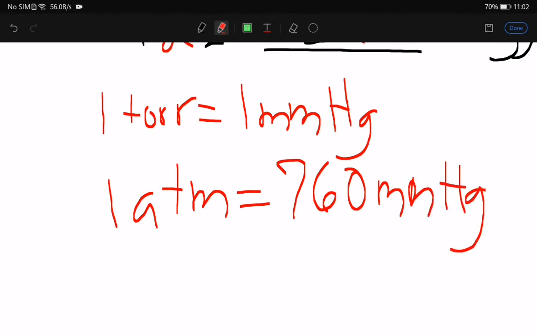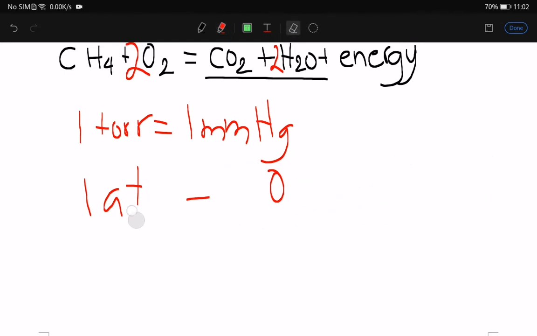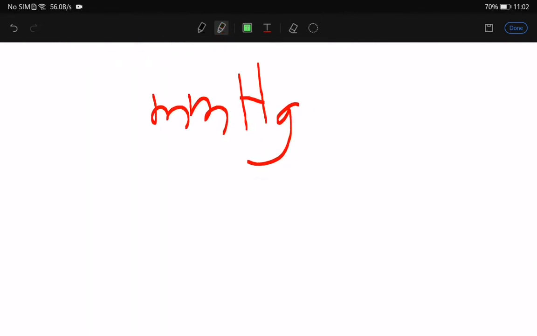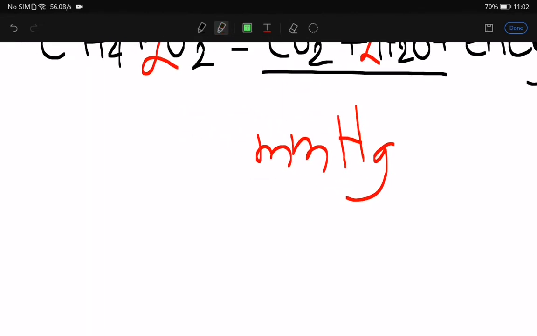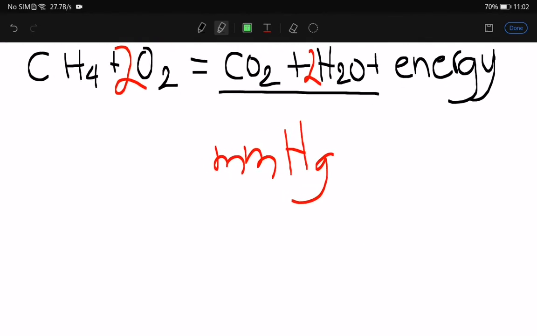So parang sinabi na rin natin na it could be torr as well, diba? So basing on this information, I have actually 730.